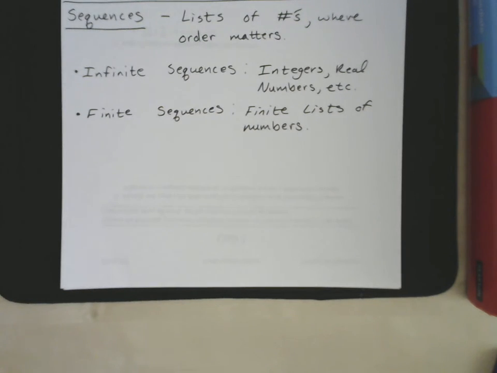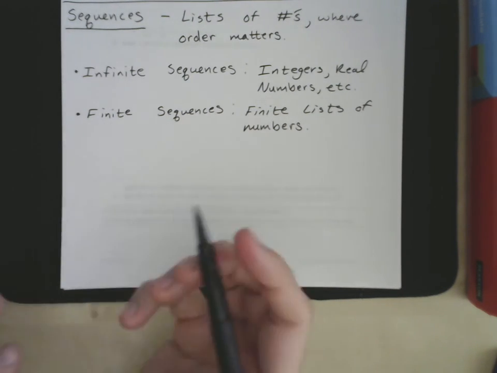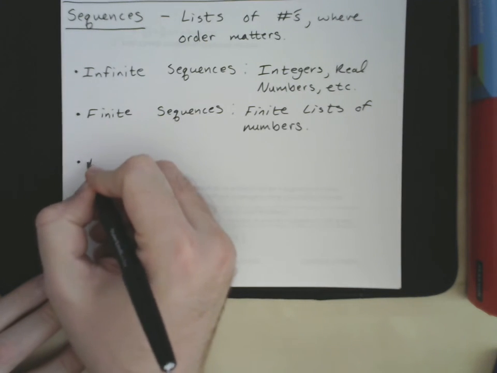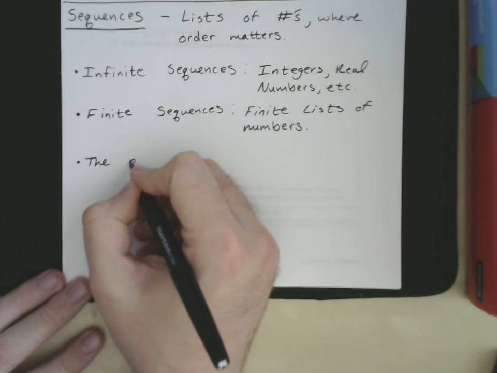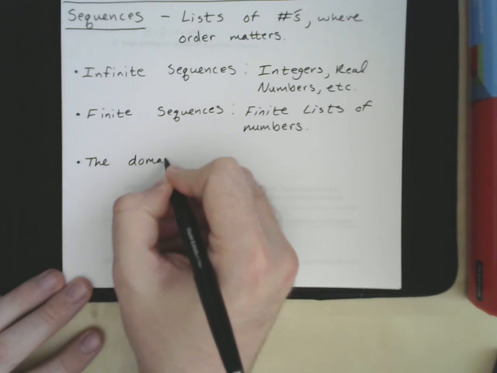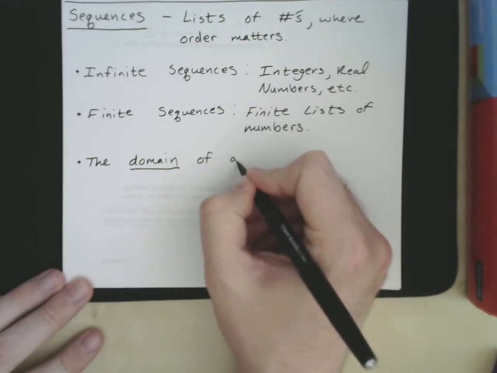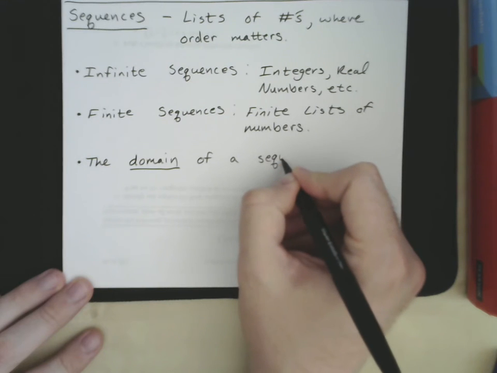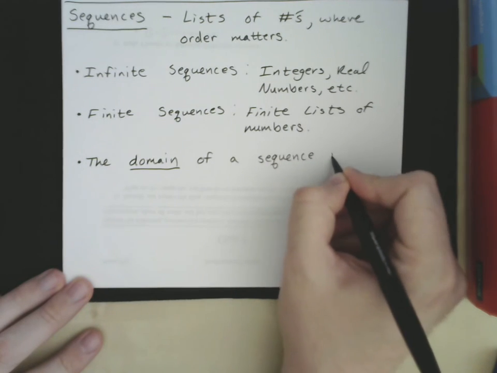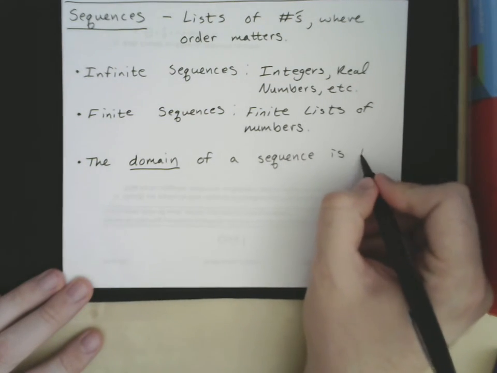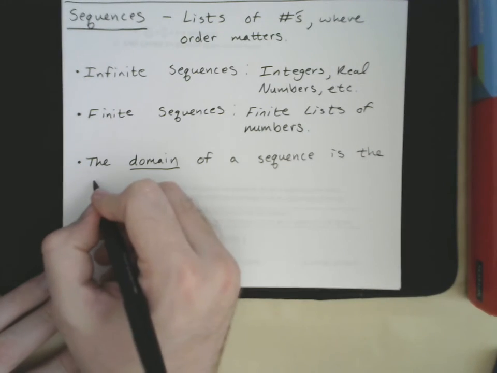So, when we're talking about sequences, they are built from what we call the natural numbers. And we build them off of a domain. So the domain of a sequence is the set of natural numbers.